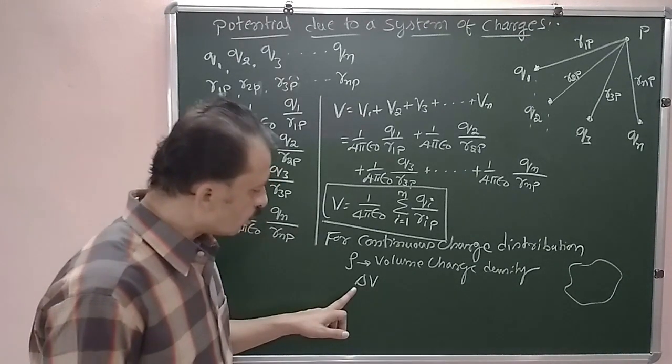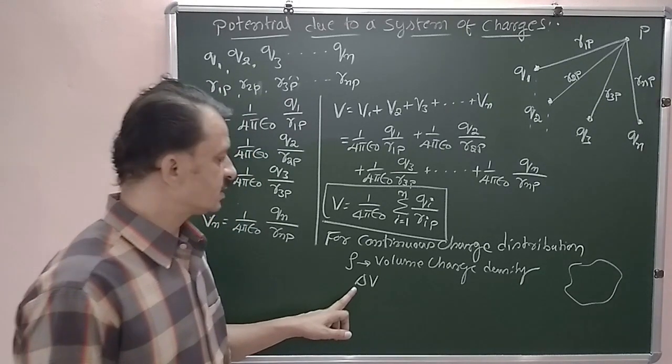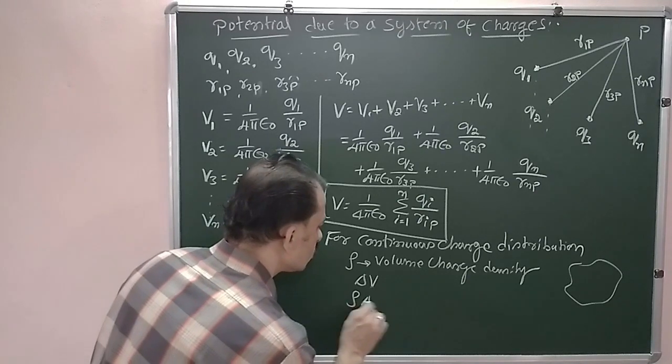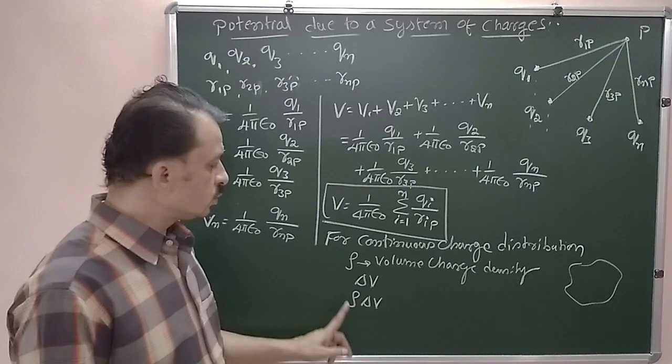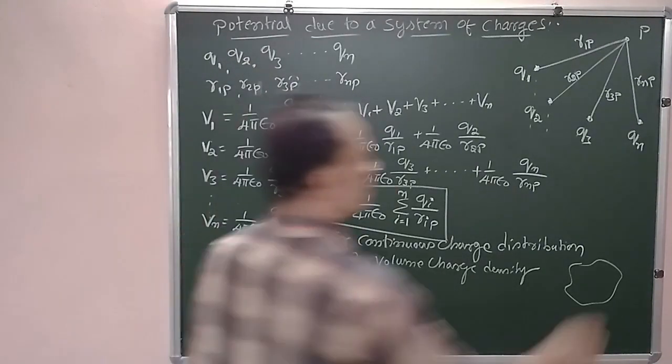Then this volume contains a charge rho into delta V. Due to this charge, what is the potential at some point P here?